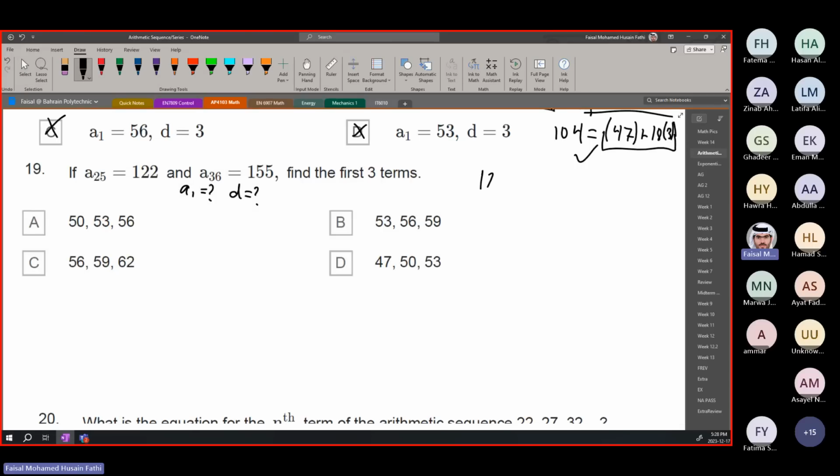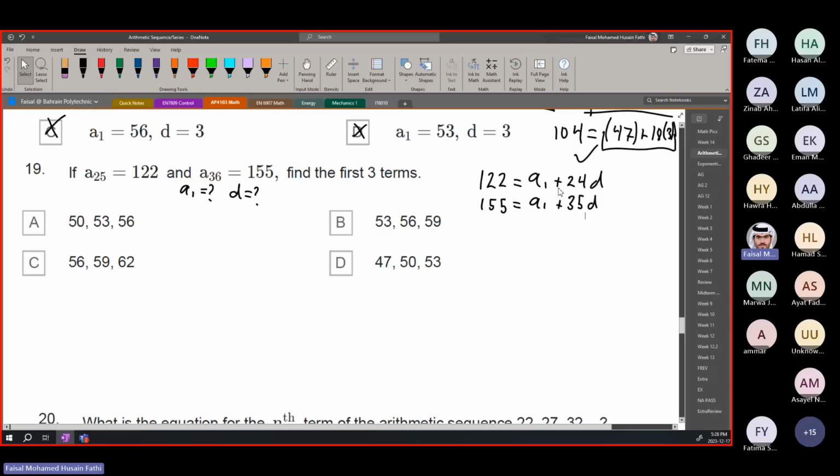For A25, the equation is 122 is equal to A1 plus n minus 1, which is 24D. And this one is 155 is equal to A1 plus 35D. This is just substituting in the AN formula.